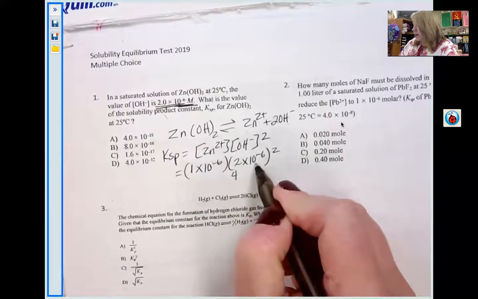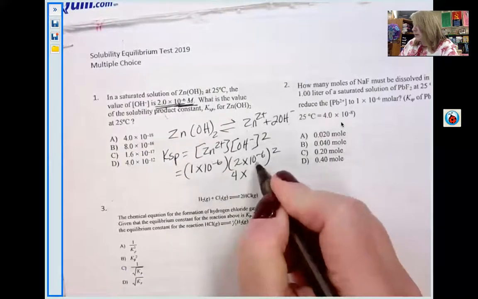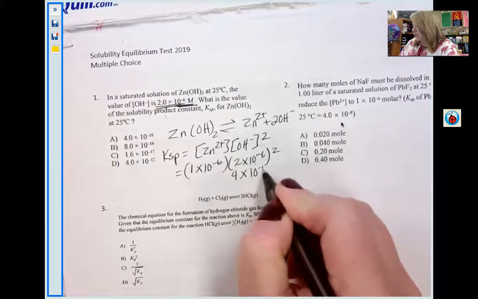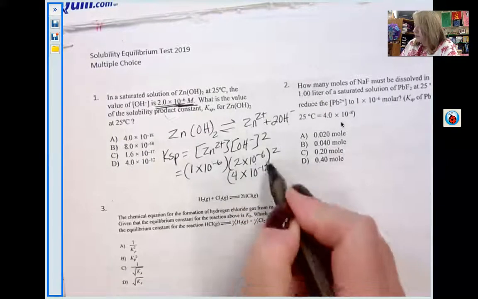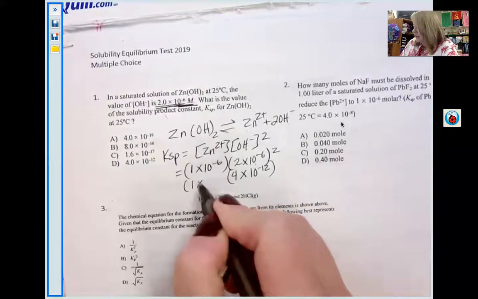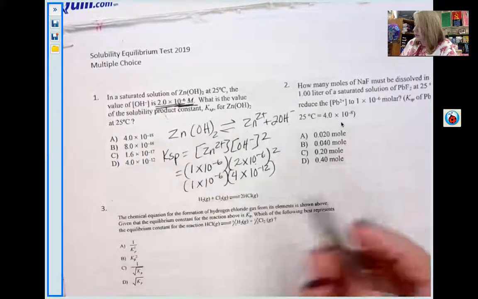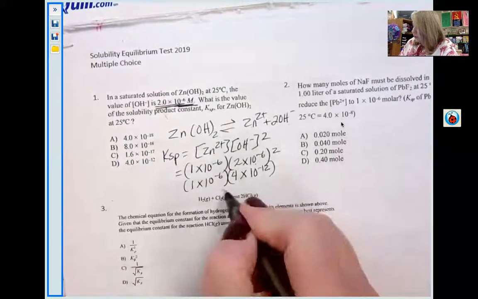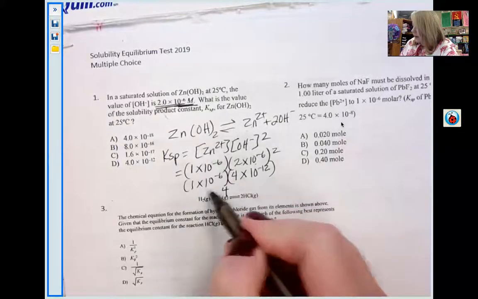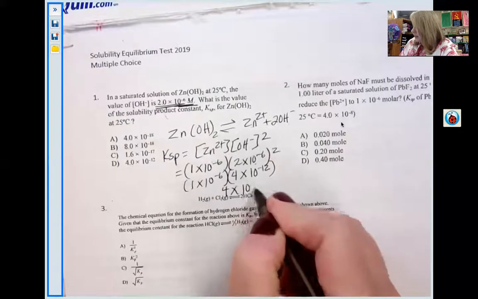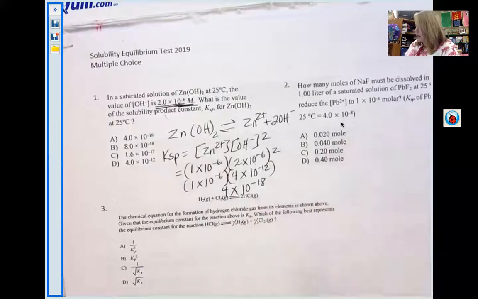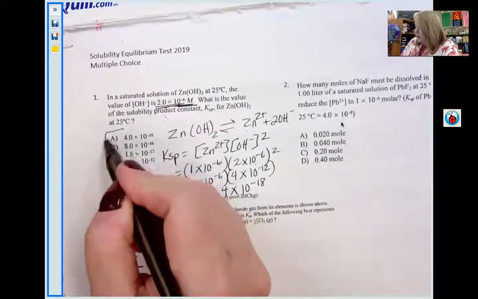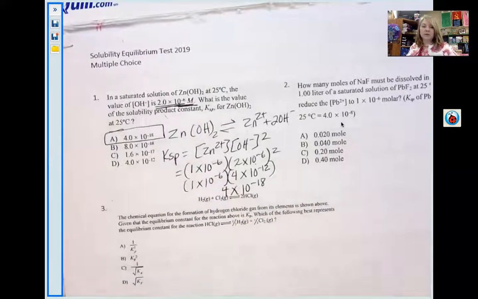If I square something that has an exponent, I'm just doubling that, so times 10 to the negative 12. And then I'm still multiplying times 1 times 10 to the negative 6. And so 1 times 4 is 4. And add your exponents, times 10 to the negative 18. So the correct answer in this one was A, right?